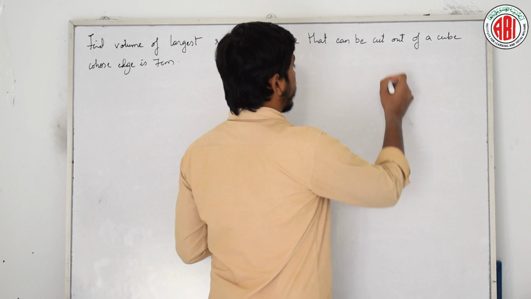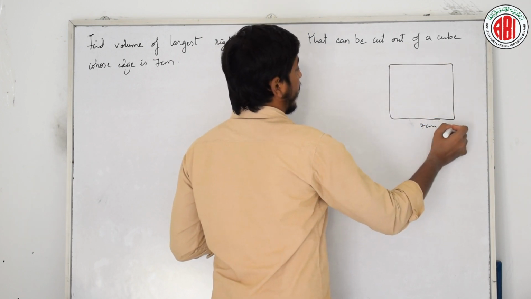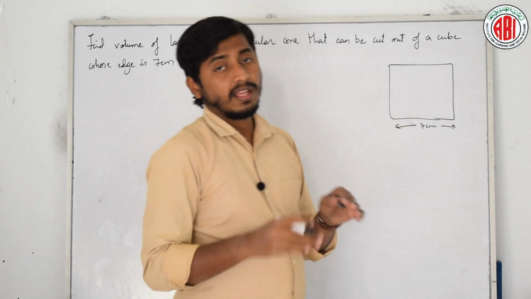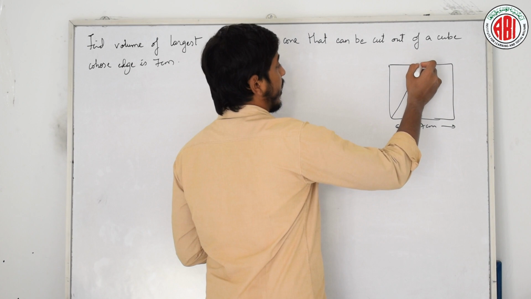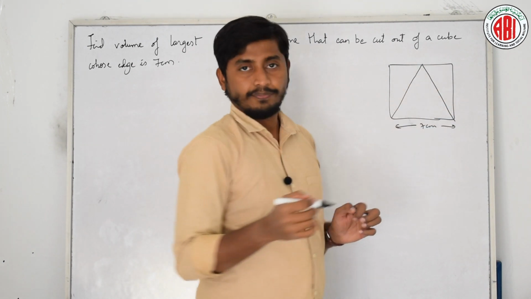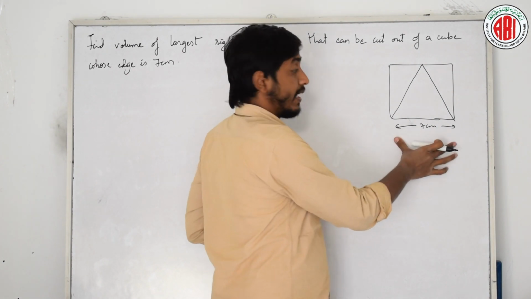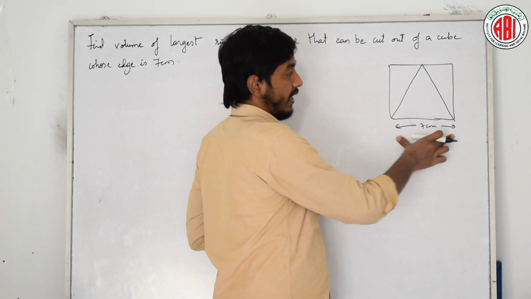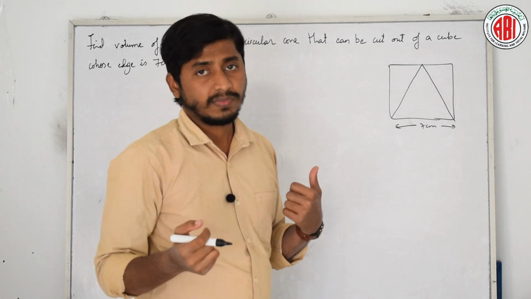Maximum we can cut a cone like this. Then what will be the radius? The diameter of the base of the cone will be 7 and the height will also be 7. Now we have to find the volume, isn't it?